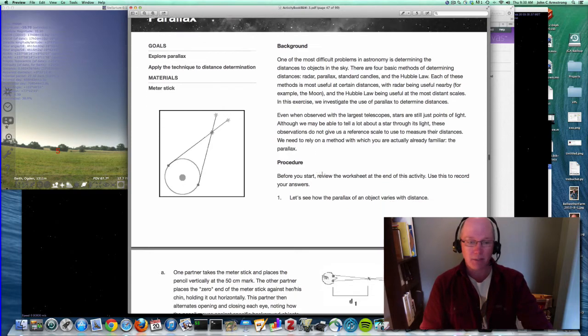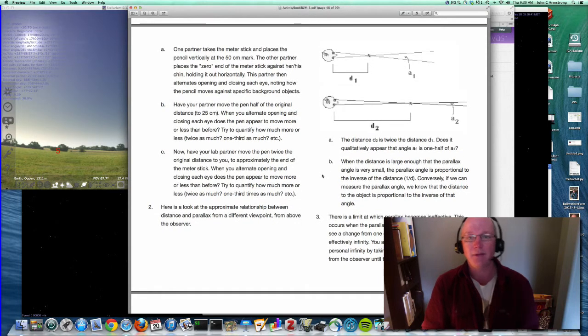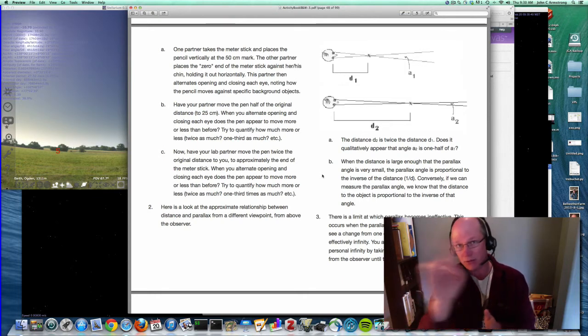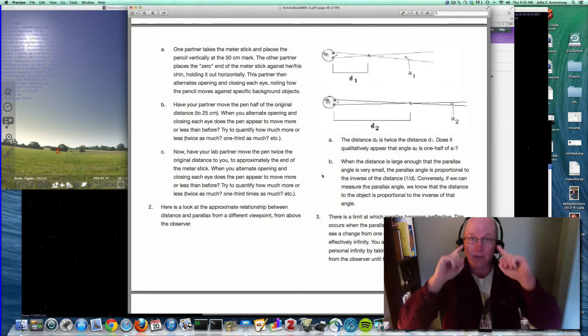They don't need to be somebody in the astronomy class, although they might be if you want to find some folks to do that together. The first step is to determine the angular relationship between how far away something is and how much the angle shifts. So you'll do that just using a meter stick and your eyes as the baseline. So the distance between your eyes will be the baseline.